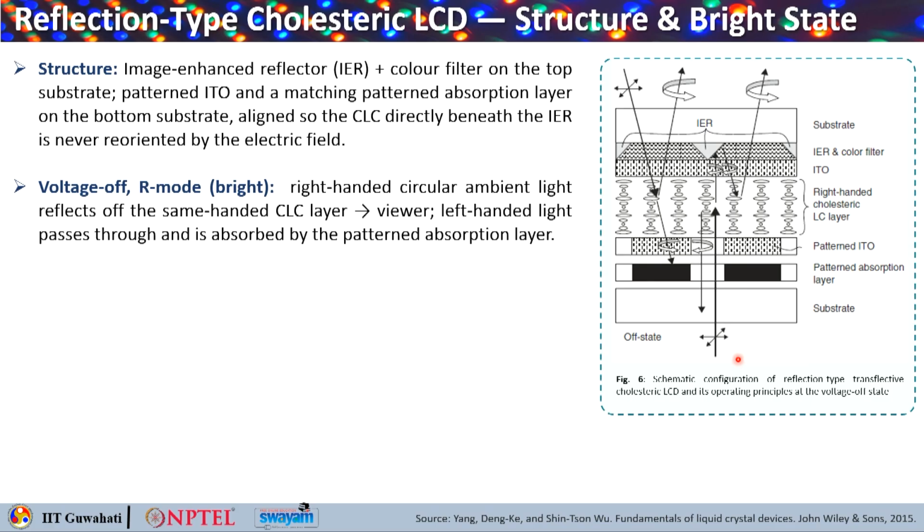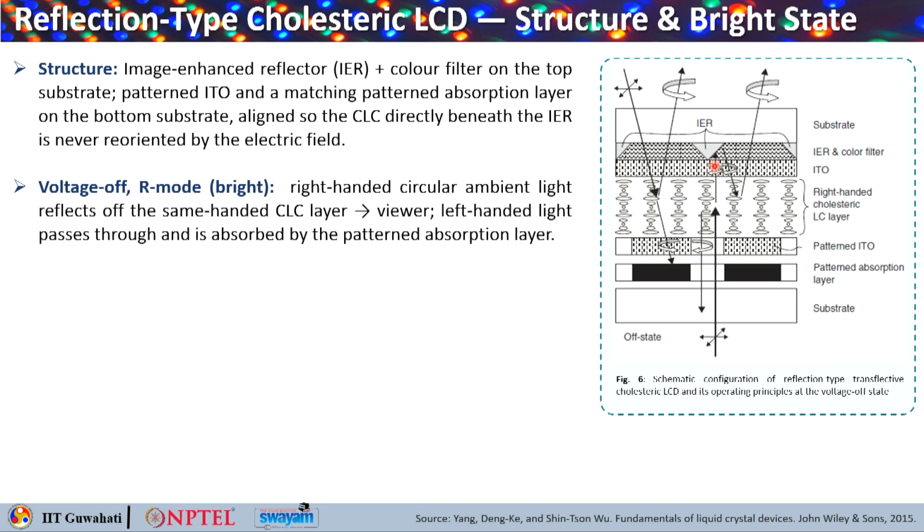So what is happening? Only the left-handed components of the incoming light can pass through this CLC layer, and it can strike the IR layer, that is the image enhanced reflector layer on the top substrate. Now reflection at this IR layer will introduce a pi phase shift, which converts this light back into right-handed circular polarization.